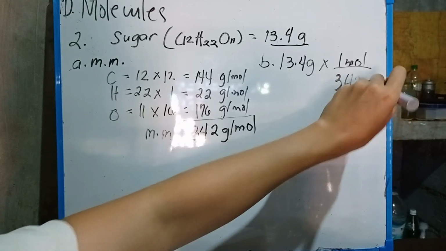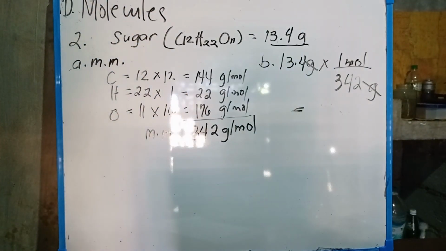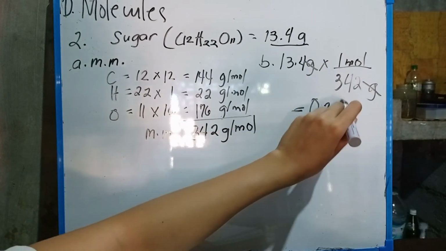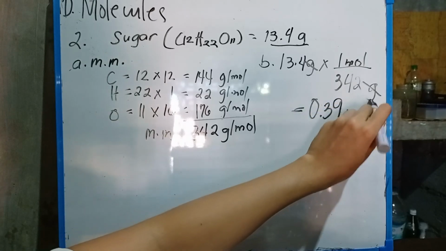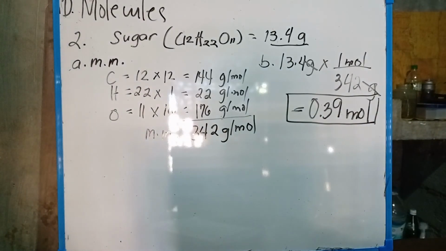So, makancel out ang grams. Mabilin is our mole. So, 13.4 divided by 342. The answer is 0.39 mole. So, that is our mole.